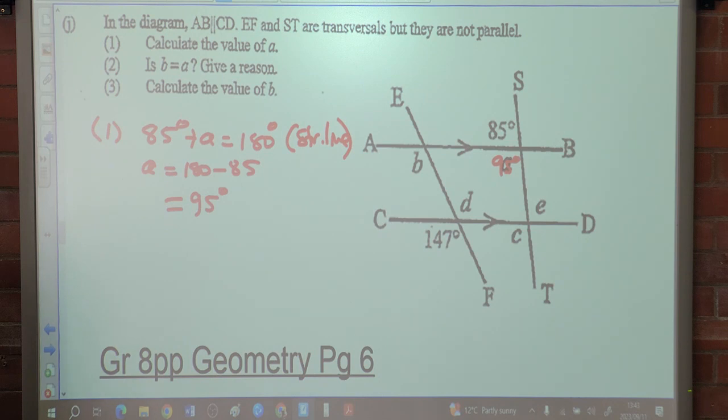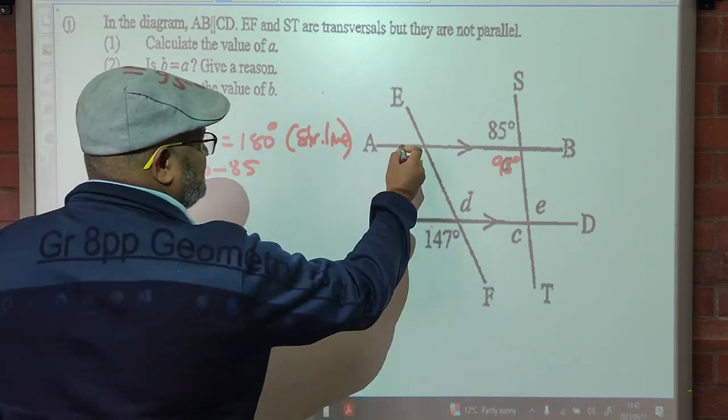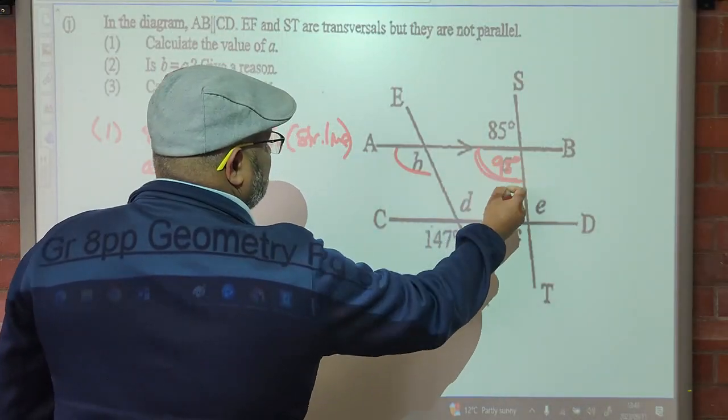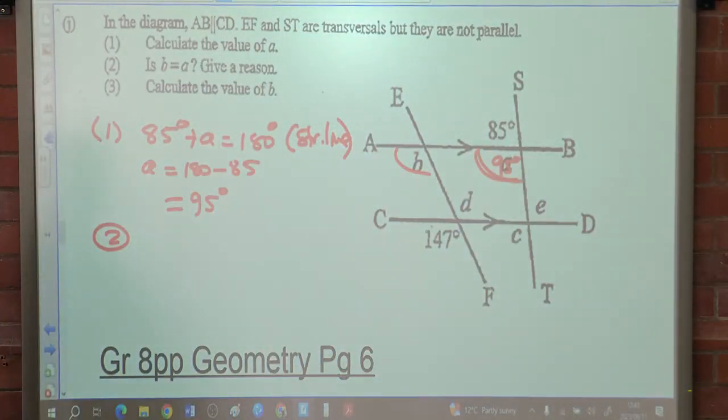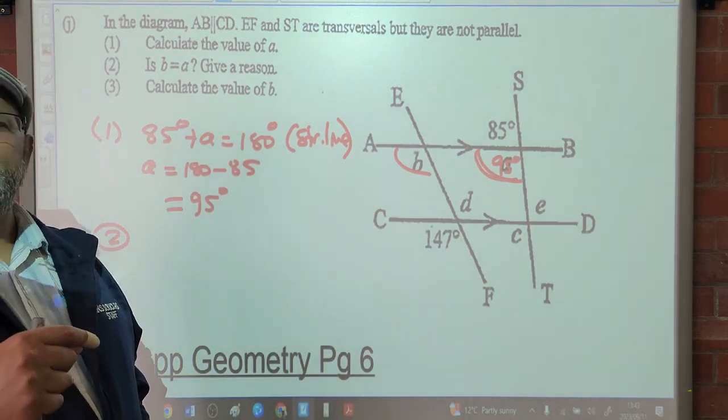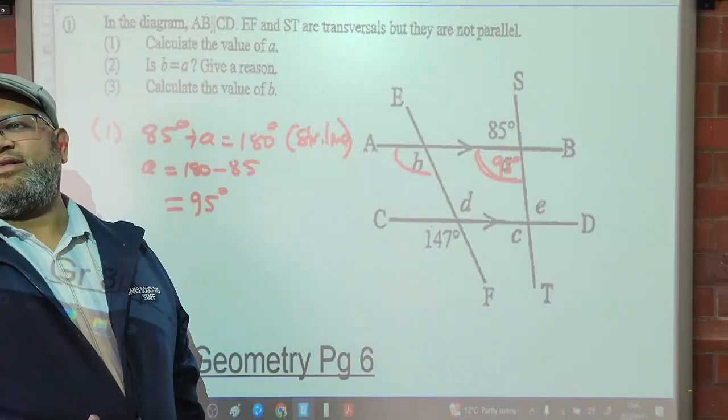Is A equal to B? Why not? Is that not corresponding? Yes. But the lines are not parallel. Corresponding angles will only be equal if the lines are parallel.